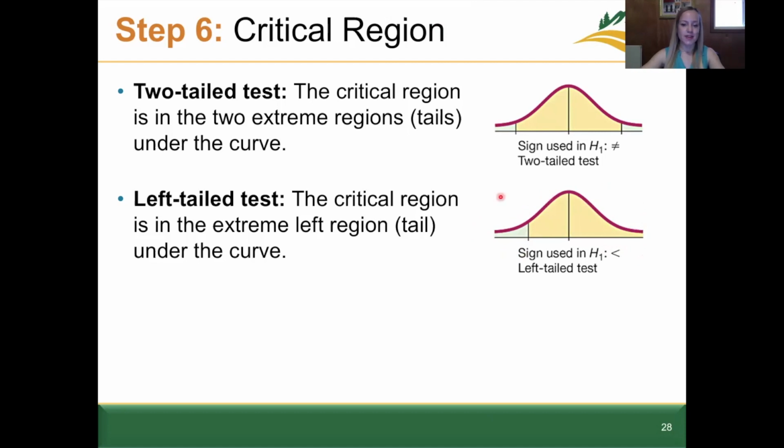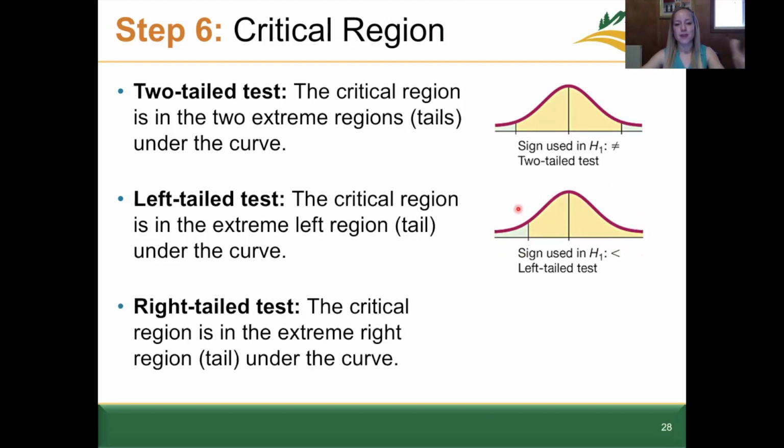It's all focused on the left-hand side. Then similarly, we can have a right-tailed test. That's when the critical region is in the extreme right region or tail under the curve. How do we visualize that now? Well, we have our distribution, and then this green region is focused on the right side of the distribution.